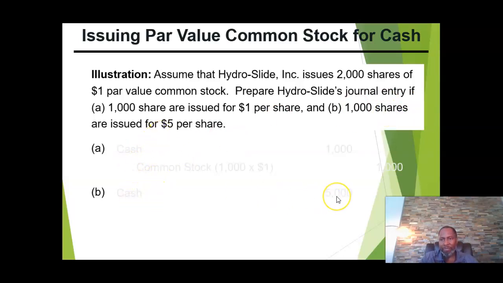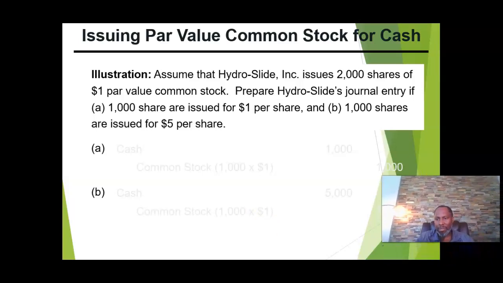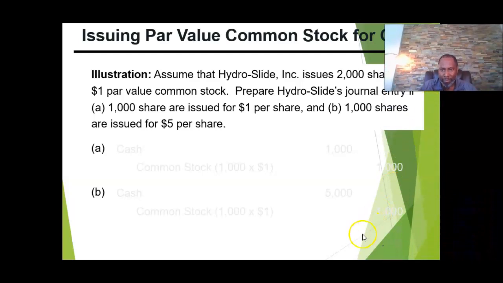So we issue 1,000 shares at $5 per share. So you'll debit cash for $5,000. Again, you always credit common stock at its par value amount. So it's kind of hard to see. I apologize for being so light. But credit common stock for $1,000. Then the excess goes into an account title called paid in capital in excess of par value that we're going to credit in the amount of $4,000.